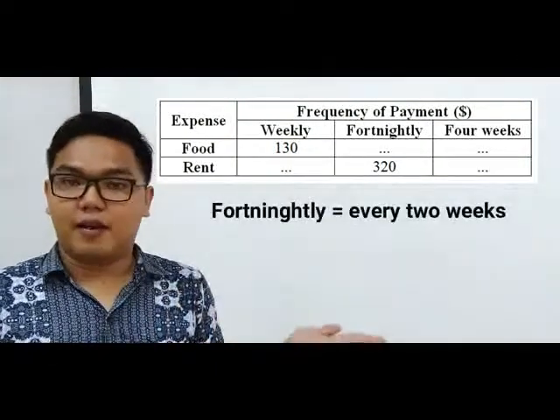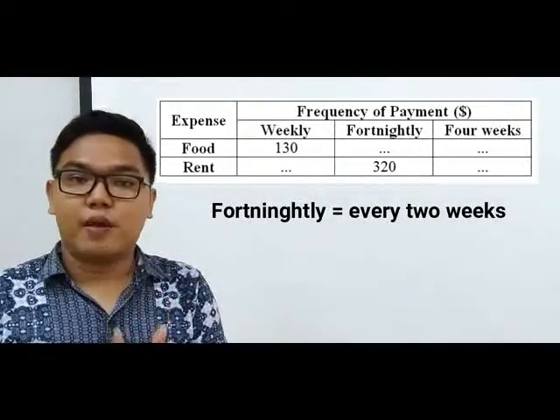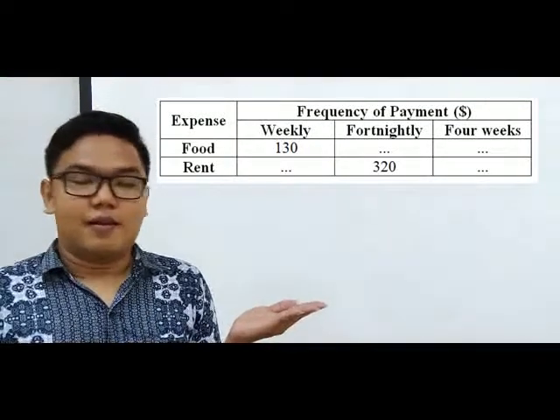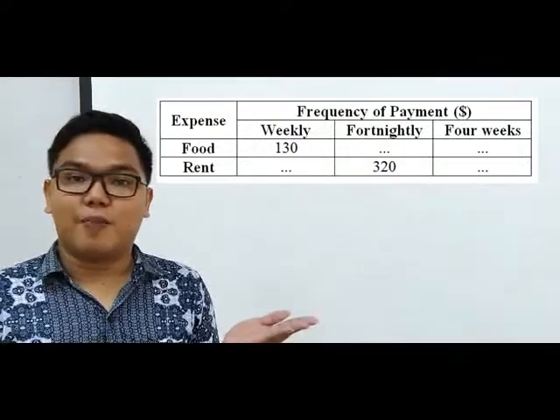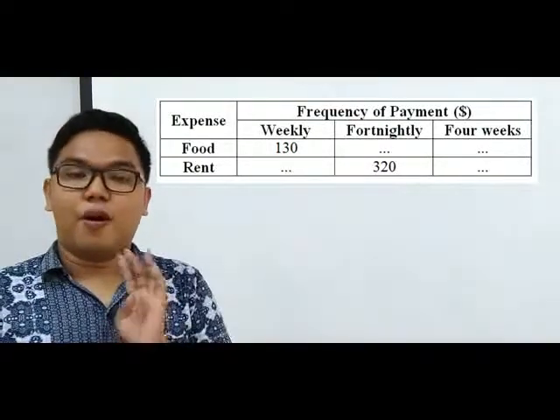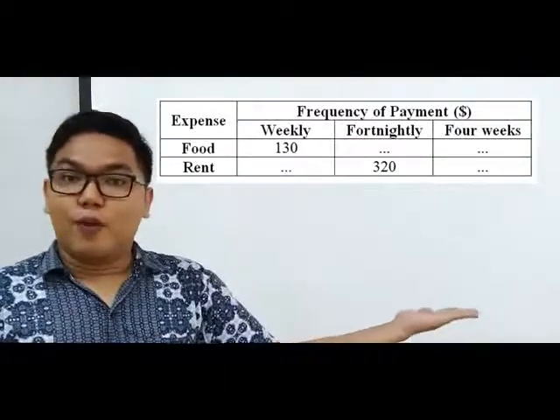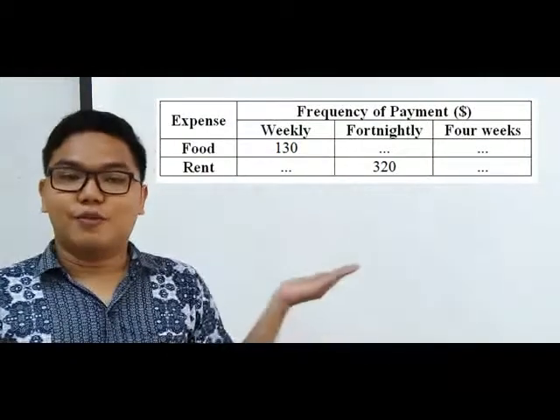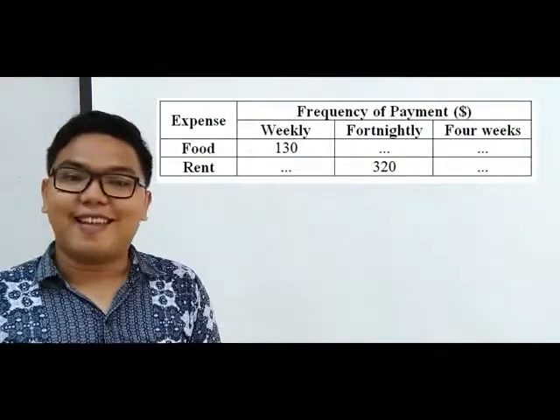Fortnightly is 2 weeks, and then there is 4 weeks, which is approximately 1 month. So the amount of money spent weekly, for example on food, is multiplied by 2 for fortnightly, and then multiplied by 4 for 4 weeks.